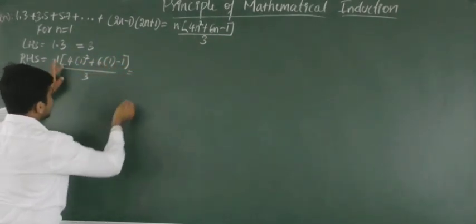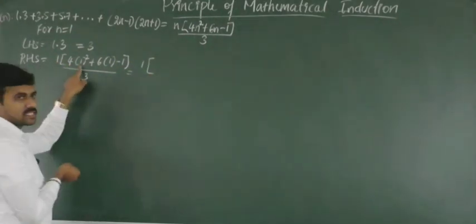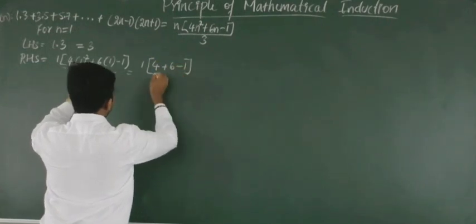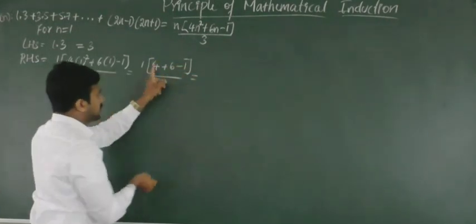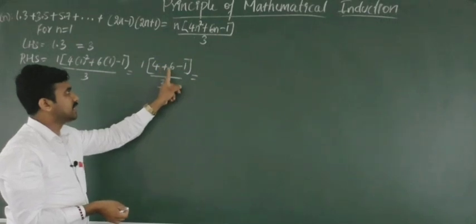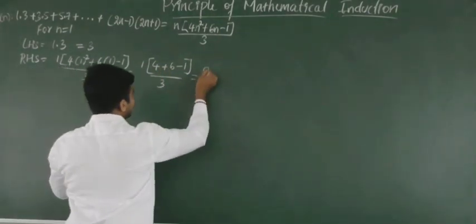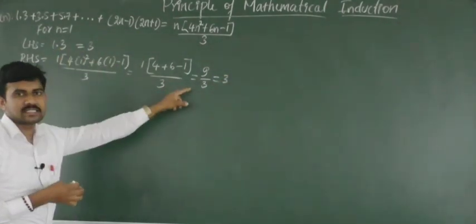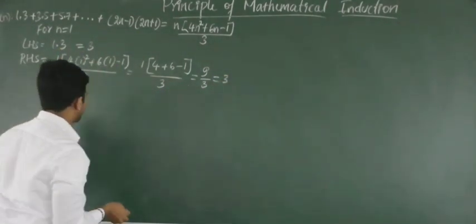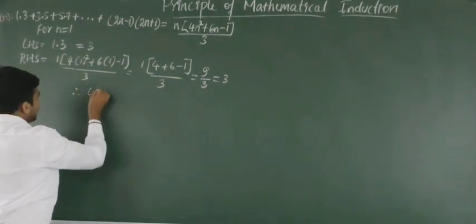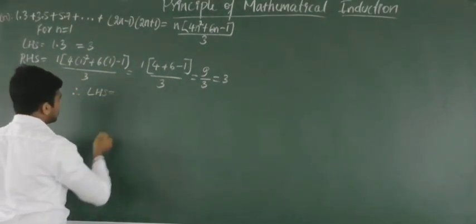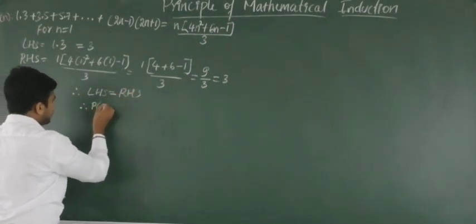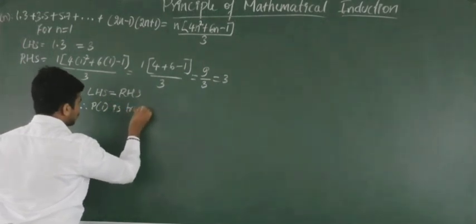That is 4 plus 6, 10, 10 minus 1, 9, 9 divided by 3, which is 3. So we got the LHS as 3 and the RHS also 3. So the LHS is equal to the RHS. Hence P of 1 is true.